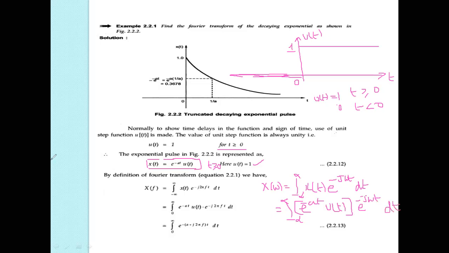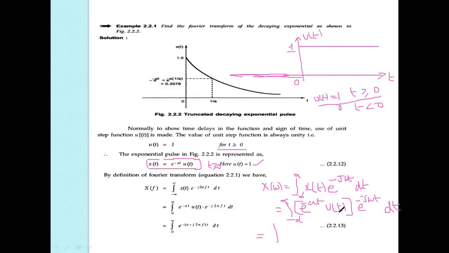Okay. The mu of t value is 1 for t greater than or equal to 0, my dear students. Now I am changing the limits of the integral with respect to t, which would be t values from minus infinity to infinity.